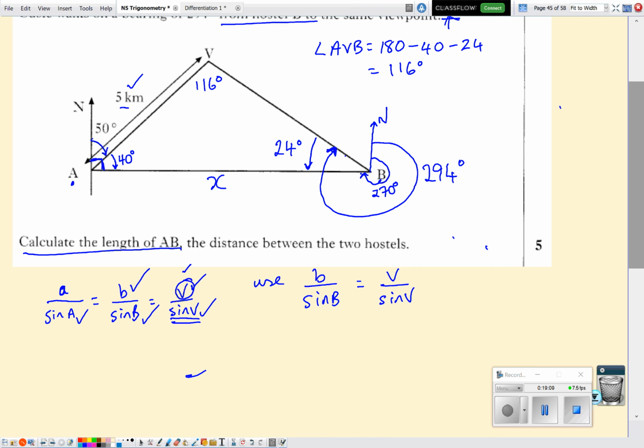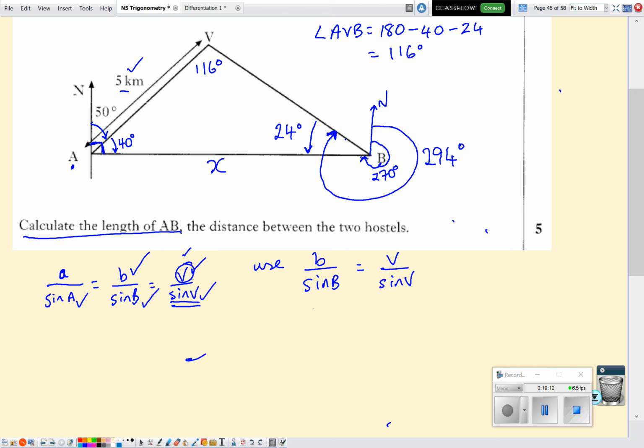Okay, so B is 5, so that's 5 over sine 24 equal to V over sine 116.